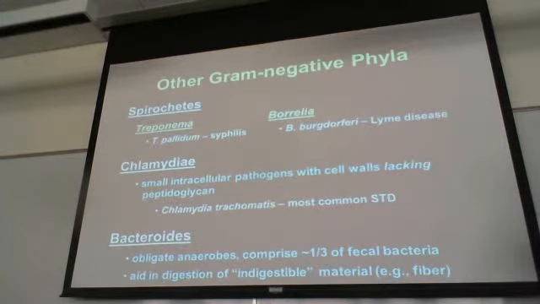Their being there helps you in several ways, helping digest material you couldn't digest otherwise, outcompeting competitors that could be dangerous, like Clostridium difficile, for example. So anyways, that's our little tour of the bacterial domain. Okay? There's a lot more, obviously, but that'll just give you a few to think about.